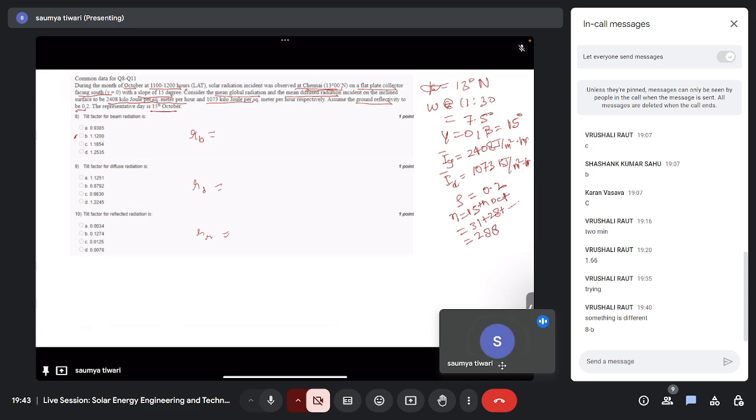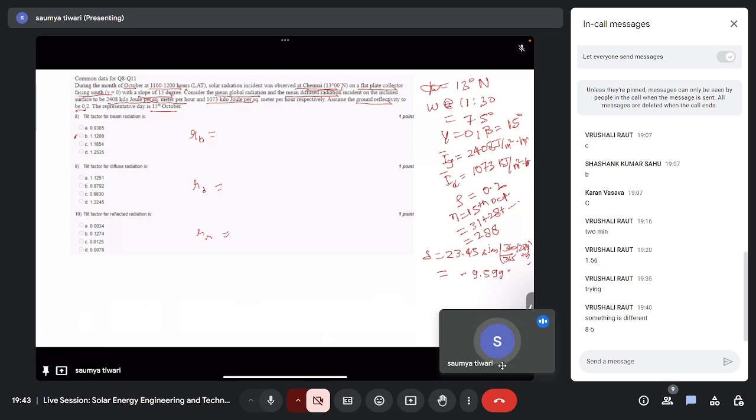And the declination angle you can calculate based on this n value, which will be 23.45 sine of 360 by 365 into (284 plus n), right? So this will be the declination angle. It will come around minus 9.599 degrees.